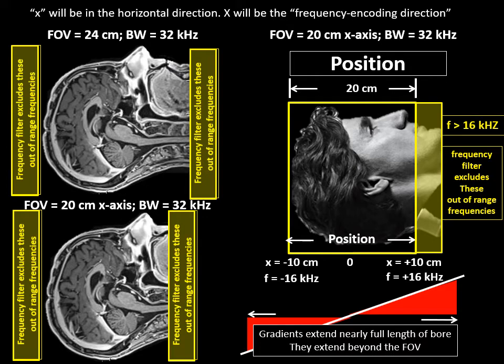It would matter very little at the top of the head because there's no tissue out there that emits signal, but at the bottom, if this signal was not filtered out by the frequency filter, it would alias back into the image, an undesirable effect.